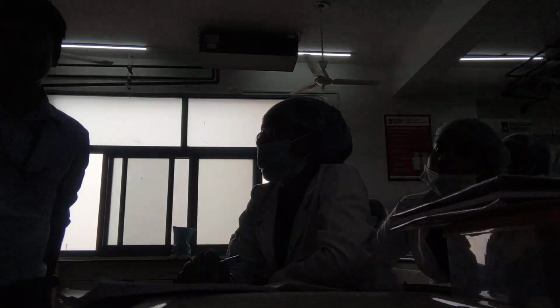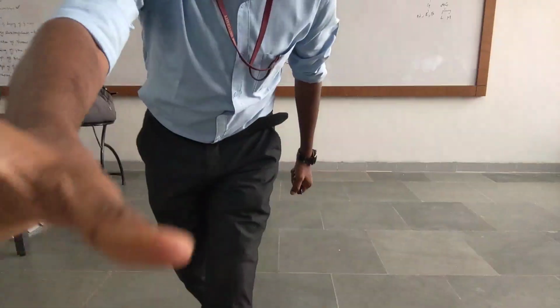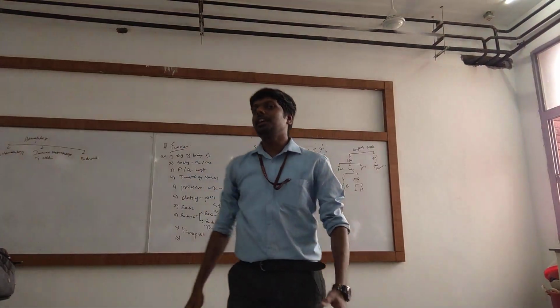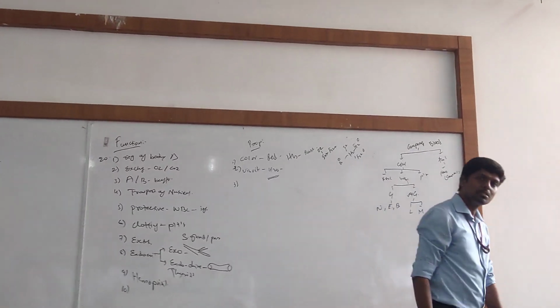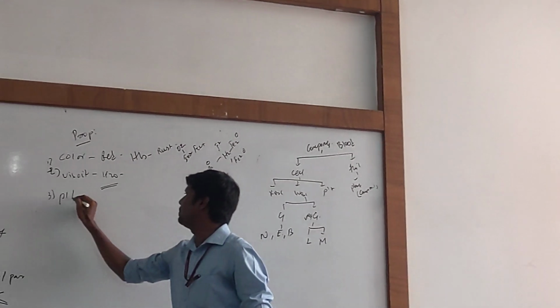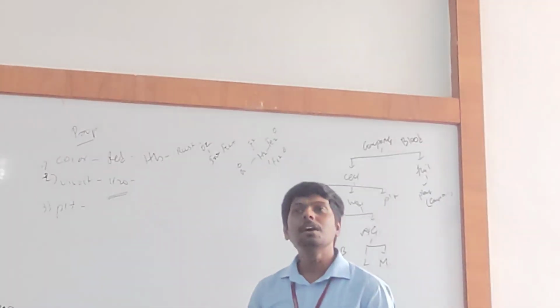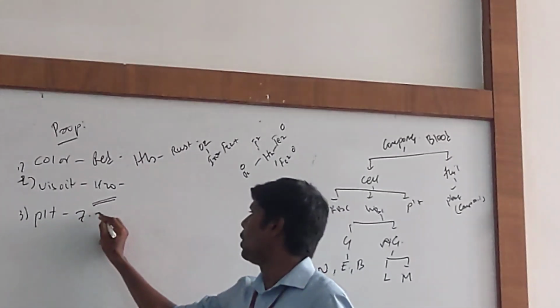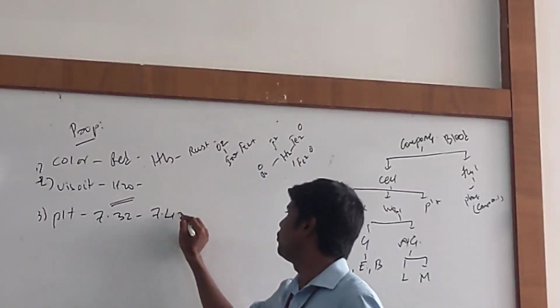Next, other property of blood. Yeah, pH. What is the pH of the blood? 7.32 to 7.42.